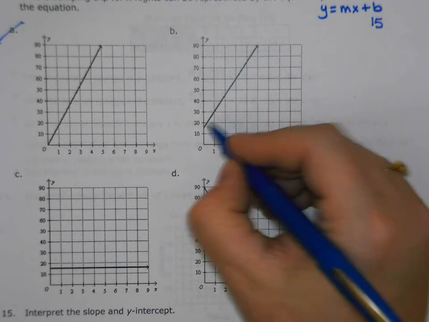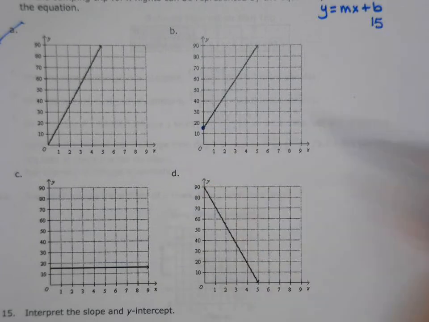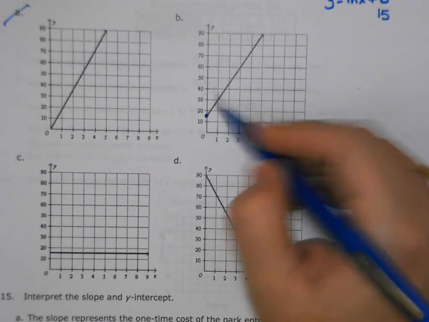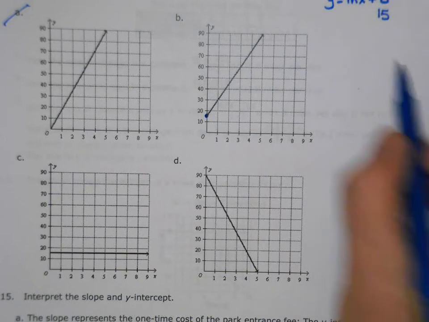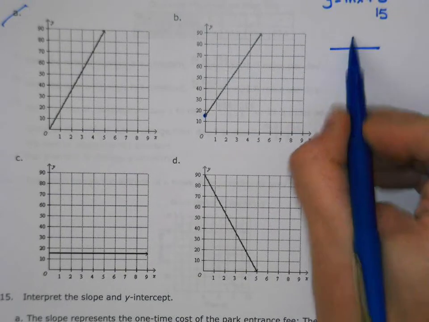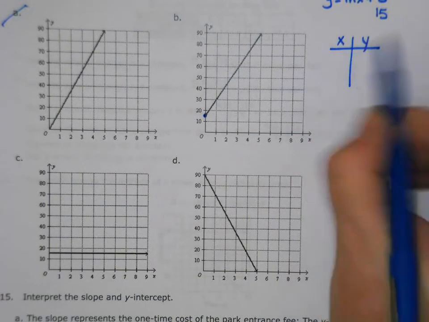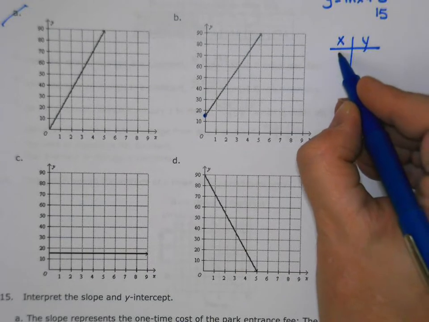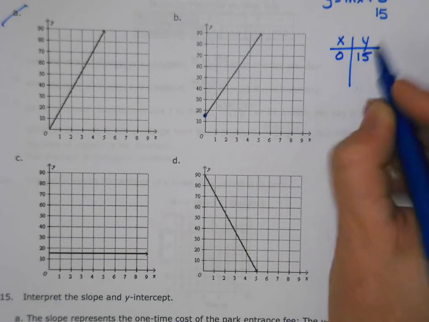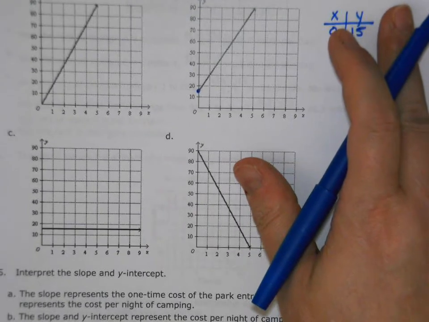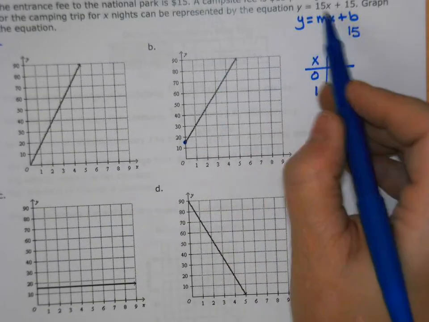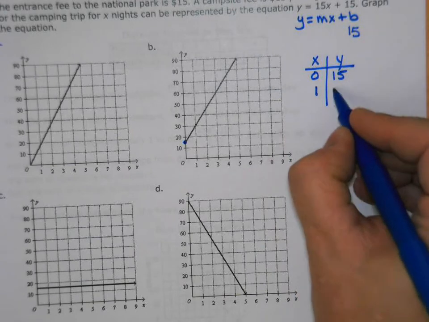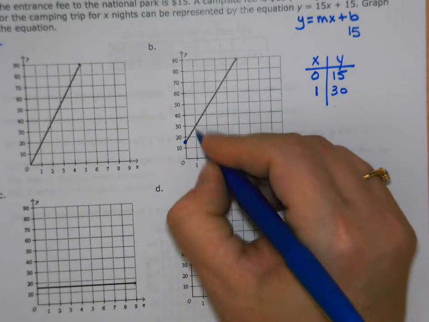This b, which is 15, is my y-intercept, so I need to start at 15. And that's what this one is doing, and then it increases 15 each night. Now you could figure it out by asking yourself, if I did 0 nights, I would still have to pay that $15 for the campsite fee.